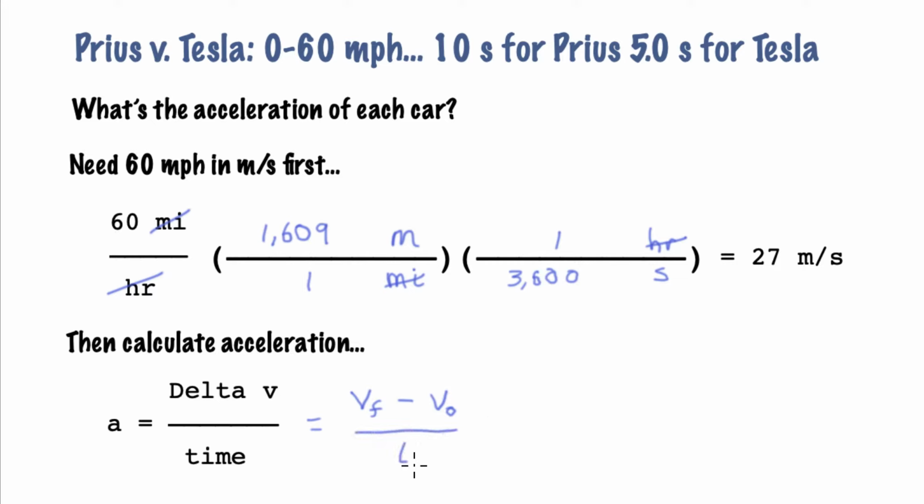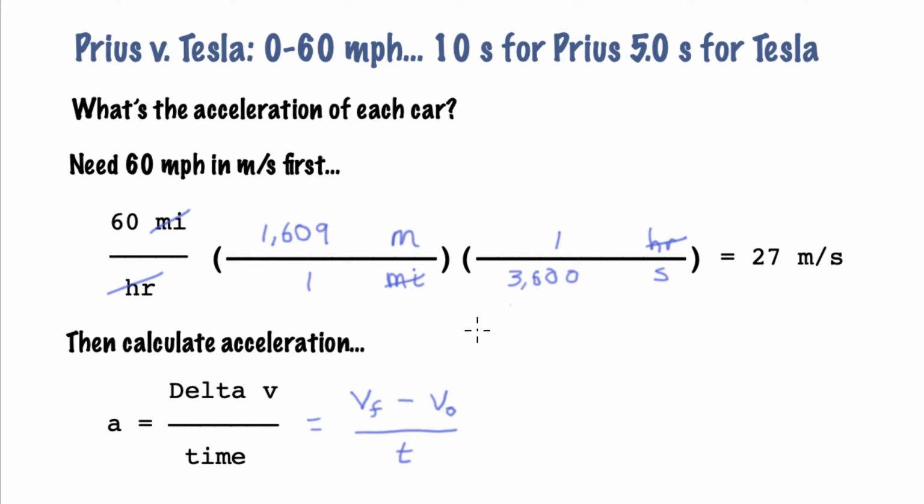It's important to always do that this way because we're going to learn that sometimes acceleration comes out positive and sometimes acceleration comes out negative, because acceleration, like velocity, is a vector quantity, and pluses and minuses can infer direction.